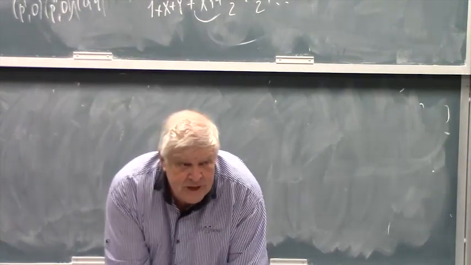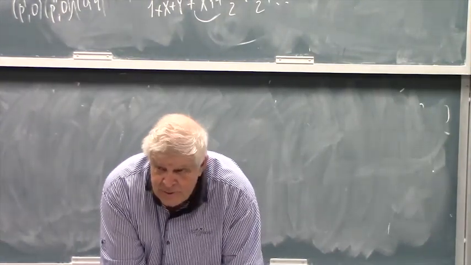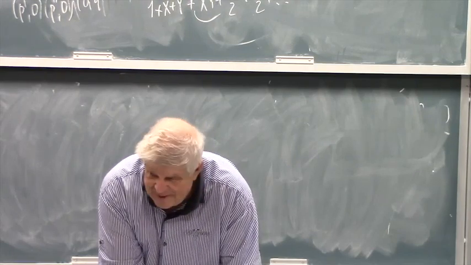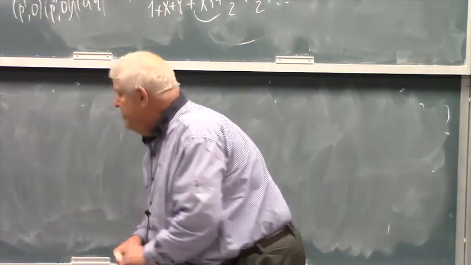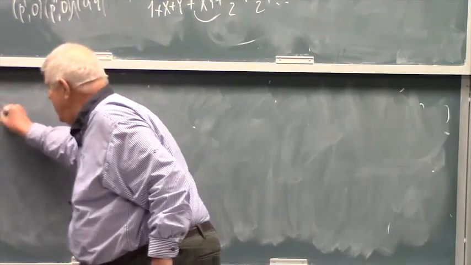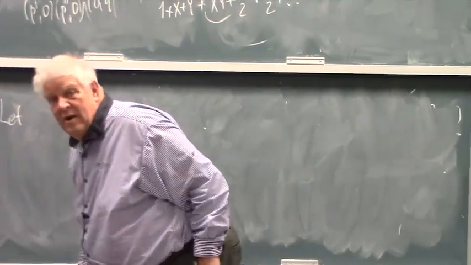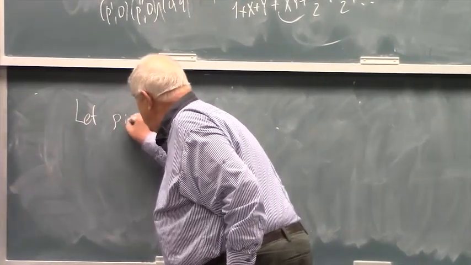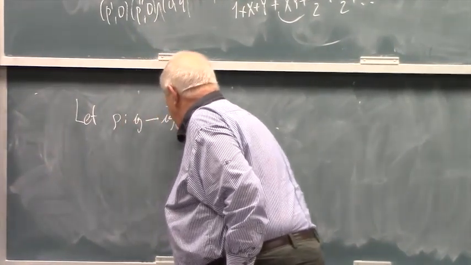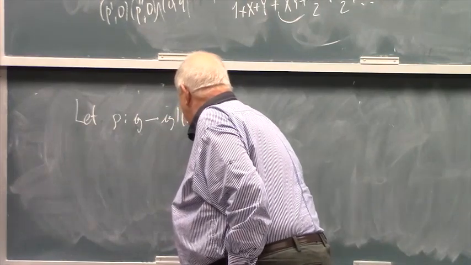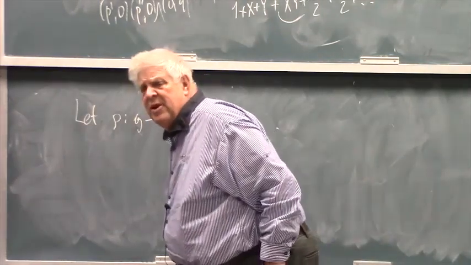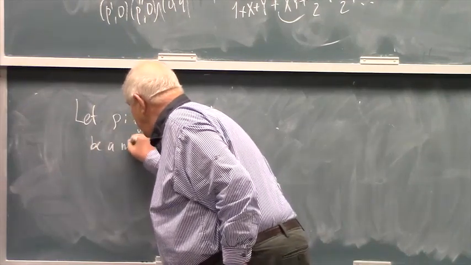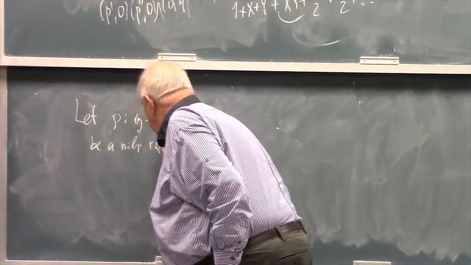There are two statements of it. One is useful, and one is convenient for proving. The useful statement: suppose that we have a nilpotent representation of some Lie algebra G over R or C. I write R, but C certainly works, and actually any field of characteristic 0.